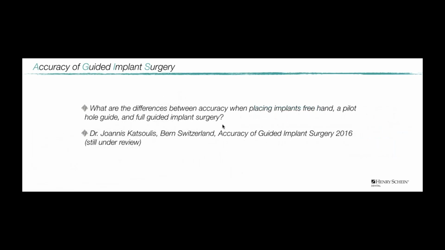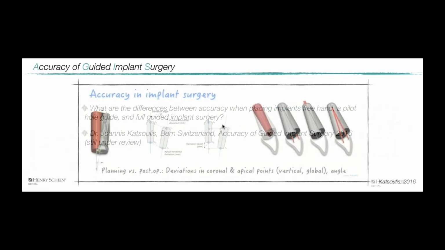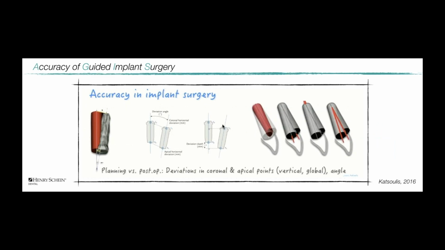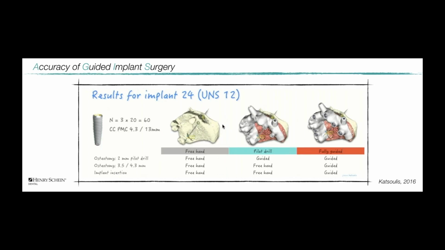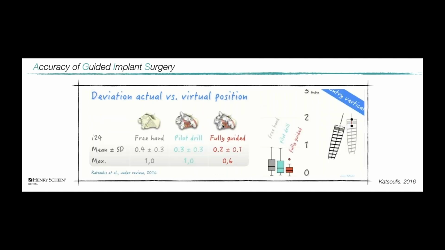If you look at the accuracy, you look at the work of people like Castulis, you know that if you look at freehand versus pilot drill only versus fully guided, the science is clear. When we place implants through some sort of guided protocol, we statistically get better results than if you freehand it.